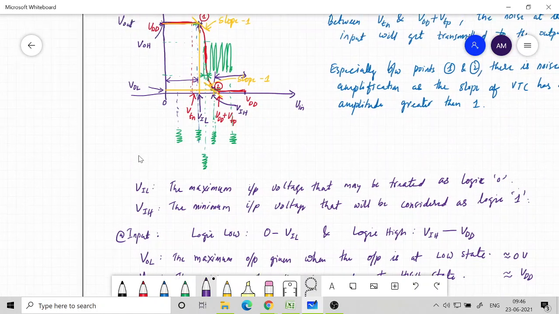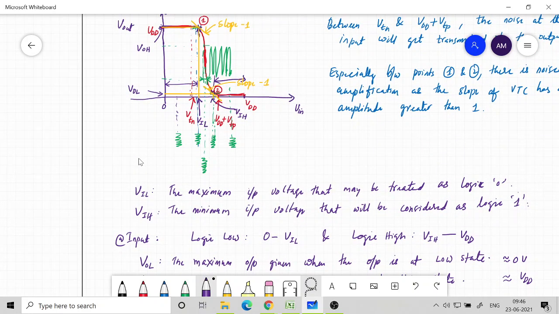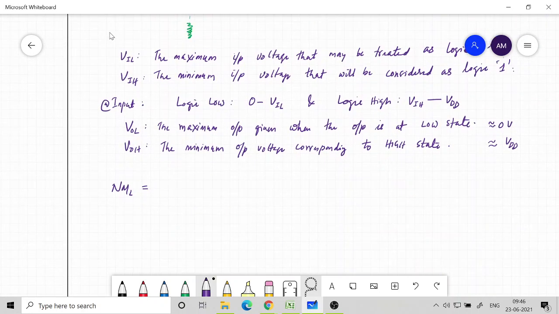For low state, if the inverter is providing an output VOL, and you are giving that as input to the next stage, it can have voltages up to VIL. VIL is much larger than VOL, so there is a range of noise which is permissible.